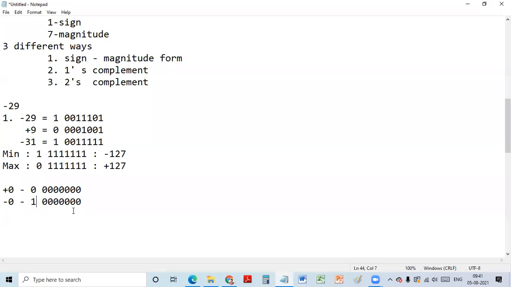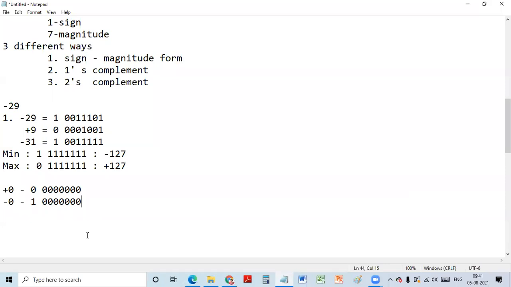Then it will be difficult for the computer to decide whether it is +0 or -0, plus value or minus value. No number should have more than one representation in its form. If it does, then it is not a correct way of representing numbers. So this is the biggest disadvantage in sign magnitude form. Hence we are not using this method of saving numbers in computers.